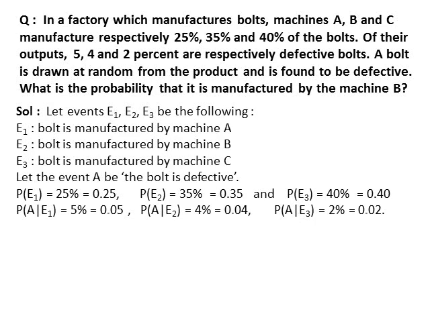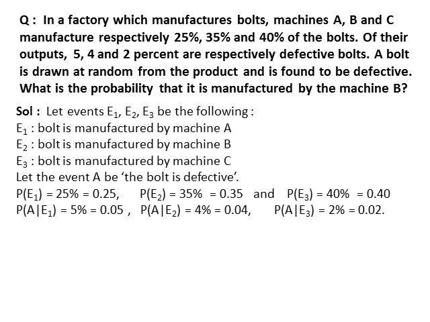Now, P(A given E1) equals the probability that the bolt drawn is defective given that the bolt is manufactured by machine A, equals 5% equals 5 by 100 equals 0.05, and P(A given E2) equals the probability that the bolt drawn is defective given that the bolt is manufactured by machine B, equals 4% equals 4 by 100, which equals 0.04.